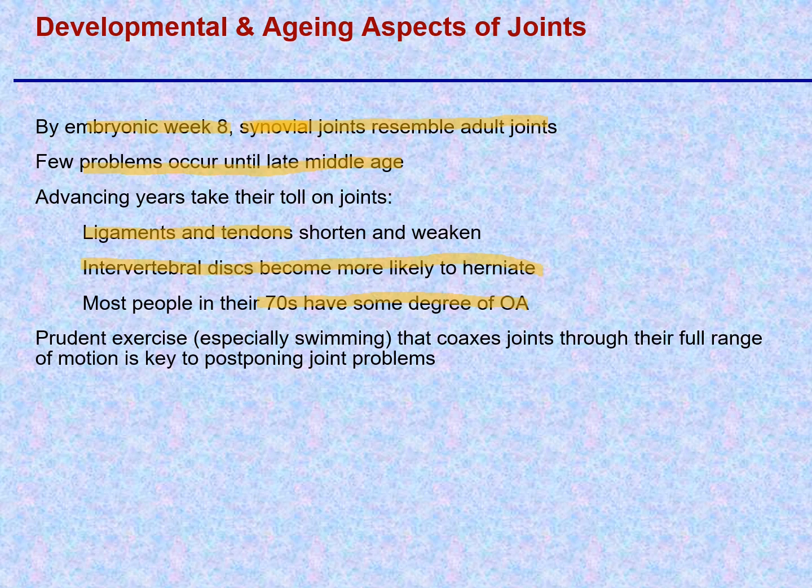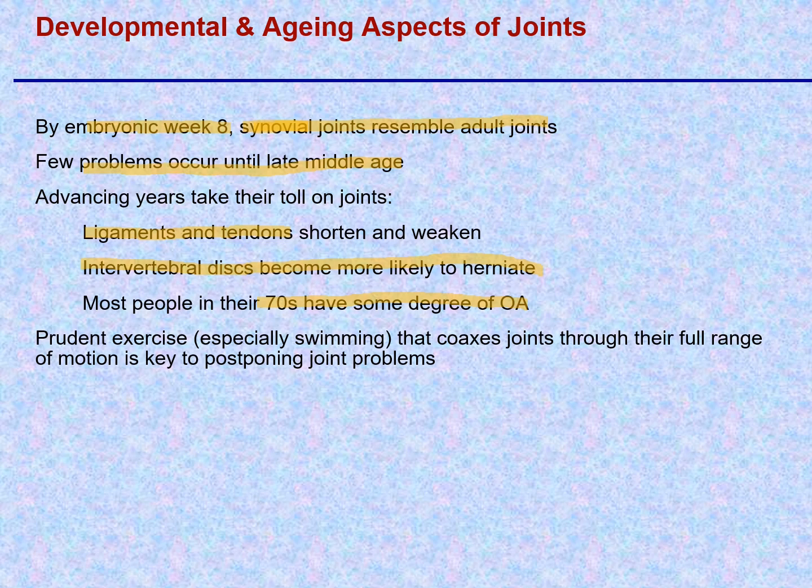Exercise is a tremendous way of postponing problems with joints because it strengthens many muscles in the body. You're using most of your body joints and strengthening the muscles, and it's not a weight-bearing kind of support because the water gives buoyancy, so you're not putting a lot of stress on the joints or the articular cartilage in any way.